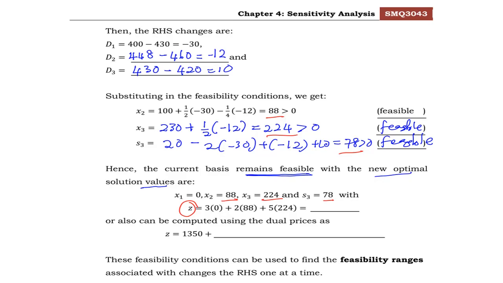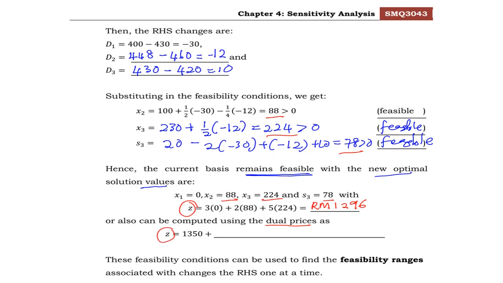So we get 1,296 as the new value for z. Or we can also use the dual price to calculate the new value for z.